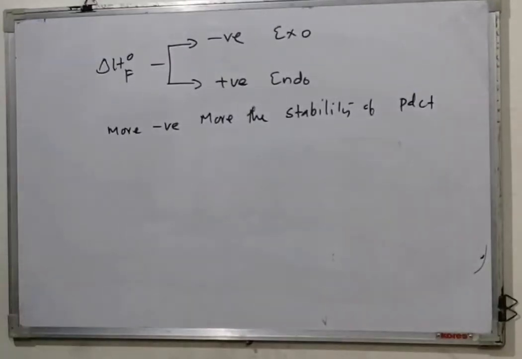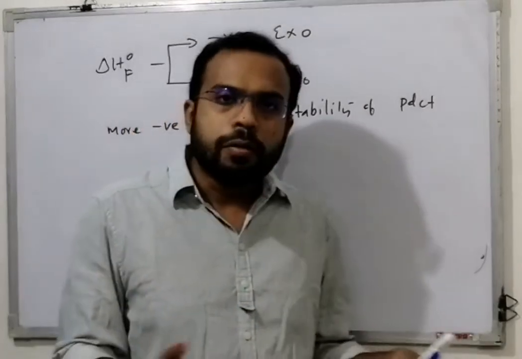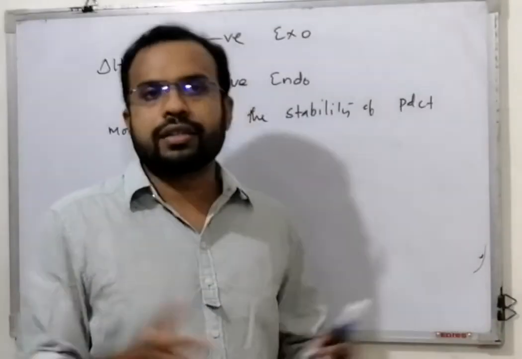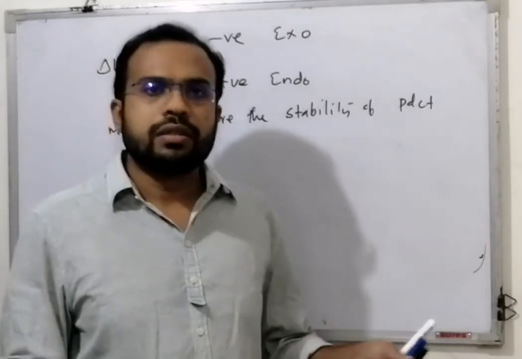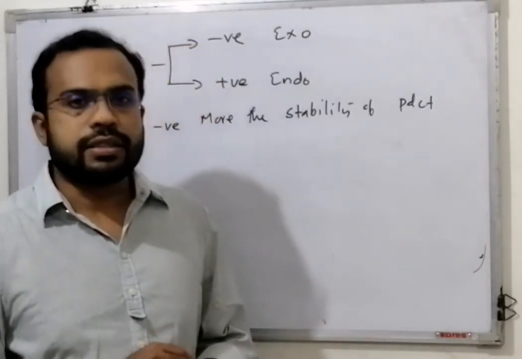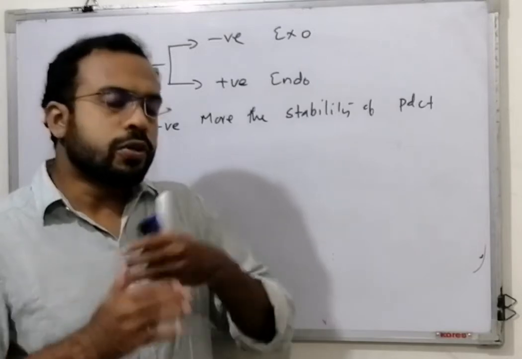Product will be more stable if it is more negative. Why? Because that product is formed by releasing a lot of energy. When energy is lost, stability will increase. Therefore, keep that in mind.